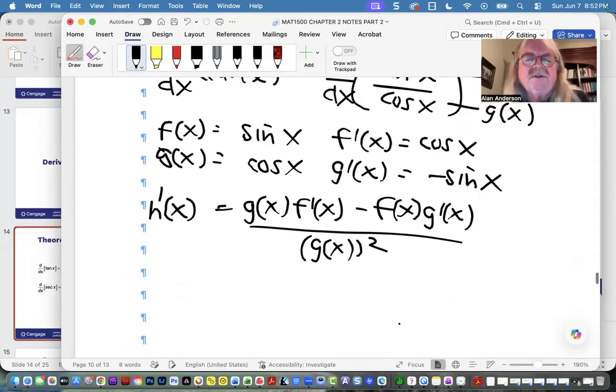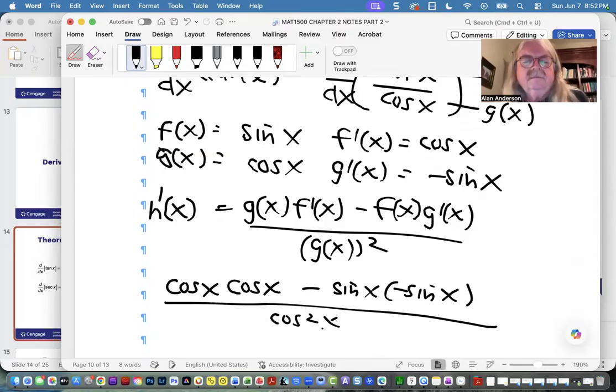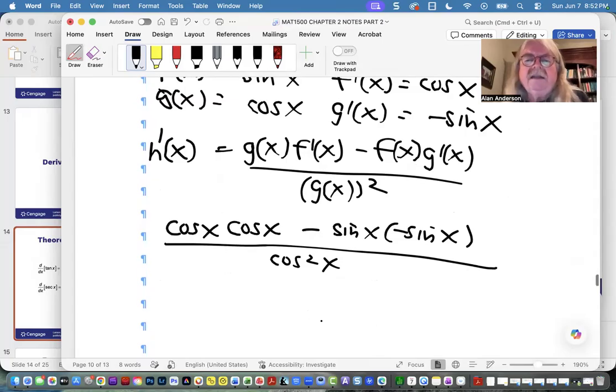Now we make our substitutions. Cosine x, cosine x, sine x, negative sine x. Okay, now we have to do a little simplification.